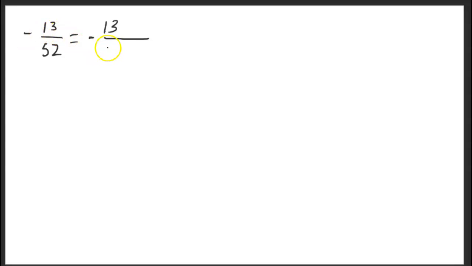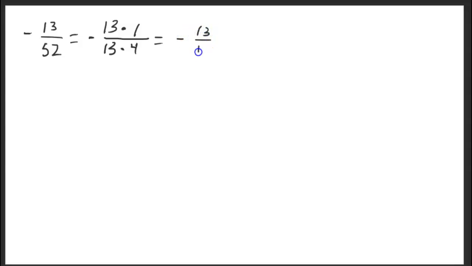And what occurs to me is that 13 times 4 is equal to 52, right? If I wanted to, I could think about the top as 13 times 1. Now what I have is this negative sign hanging out front.